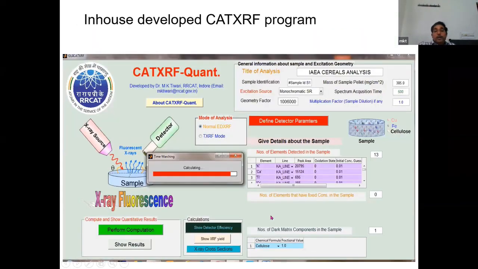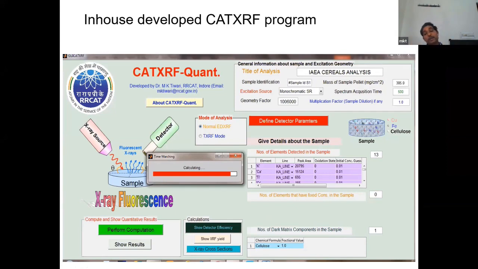Now, for quantification, normally we use our own method, because quantification is a very tricky method. If you purchase an instrument, you can have the quantitative software. But this is also not entirely true, because when you do the analysis, especially in the synchrotron field, the analysis conditions change.